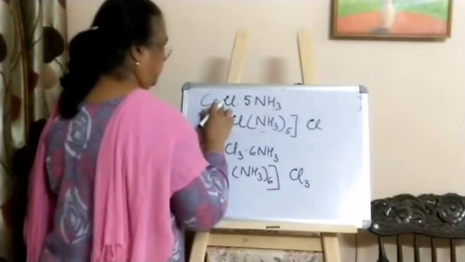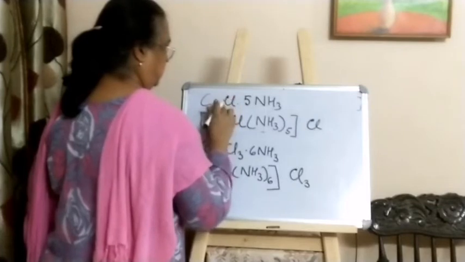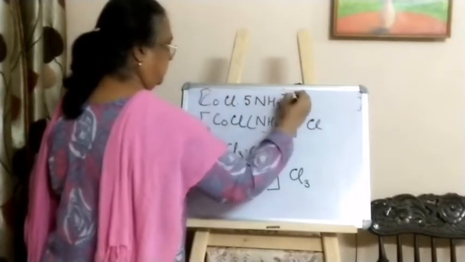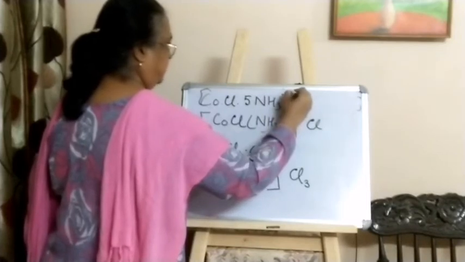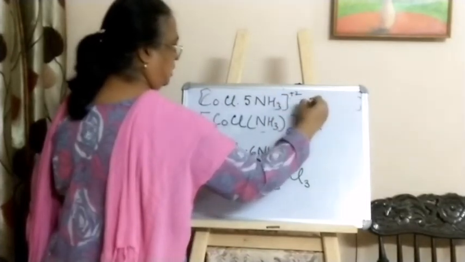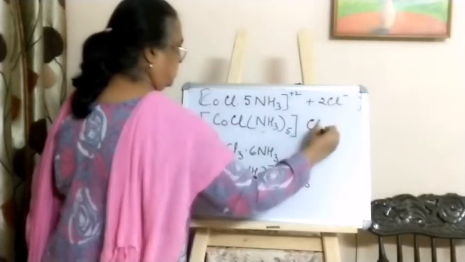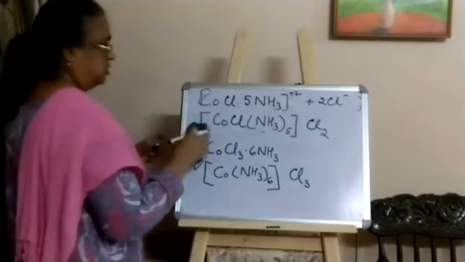According to Werner's theory, if you remember, it was written like this: +2, and here 2 chloride ions, so here Cl2. So this is Werner.